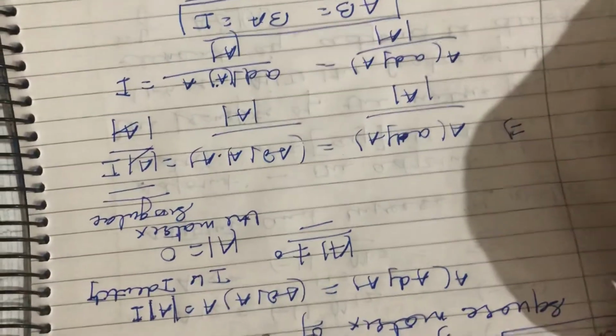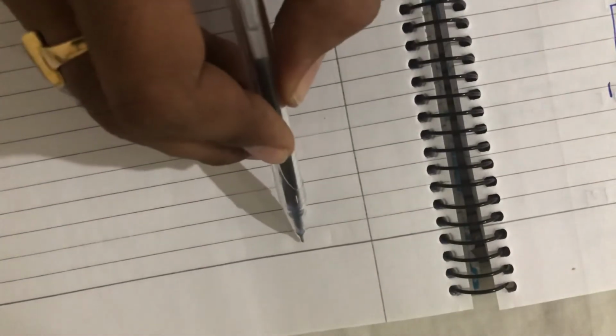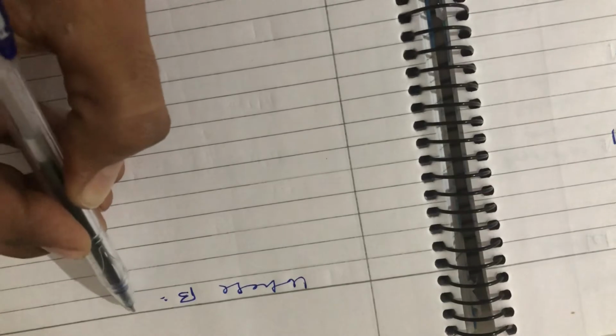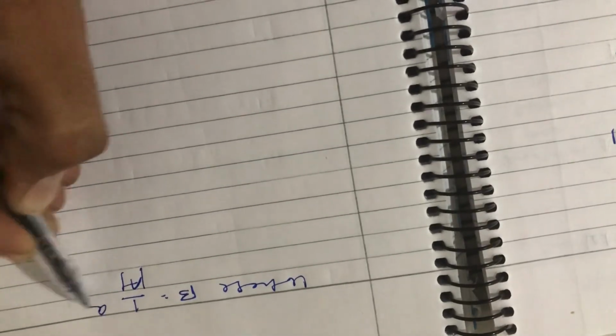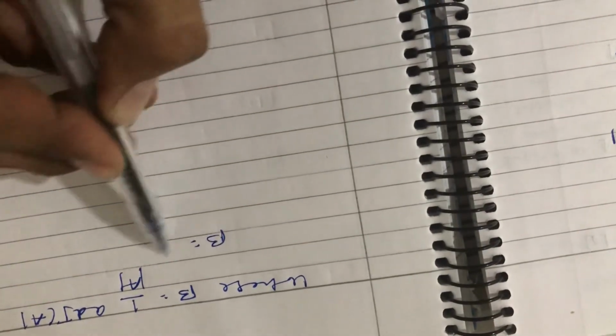Then we want to find the inverse of a given matrix. We have the formula A into A inverse is equal to I. Here B is equal to 1 upon the determinant of A into adjoint of A, but B is equal to A inverse.